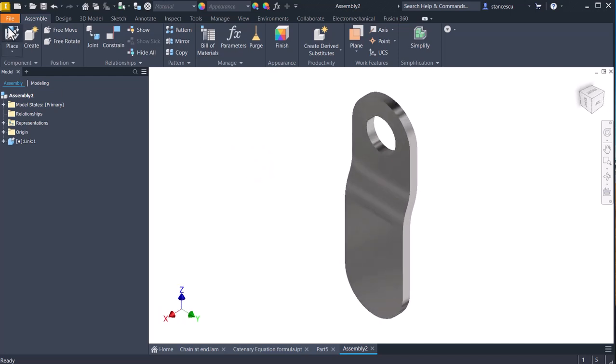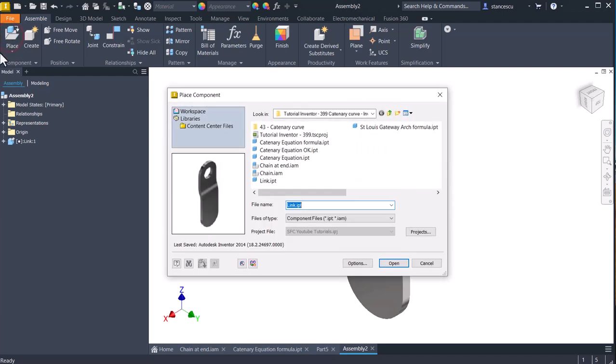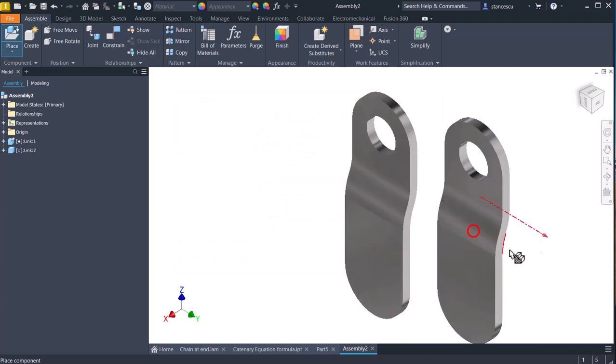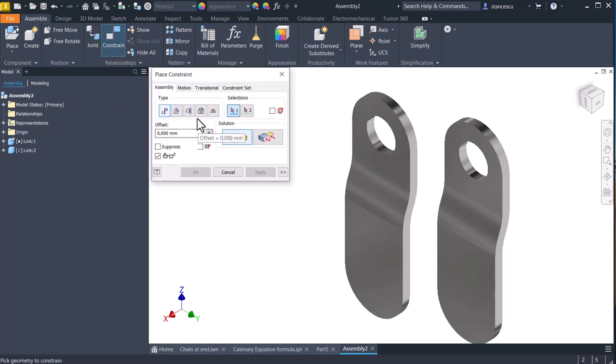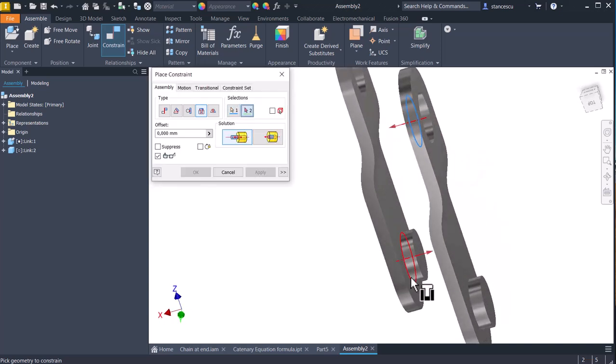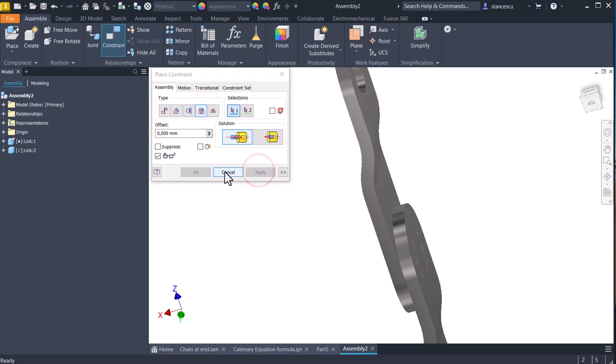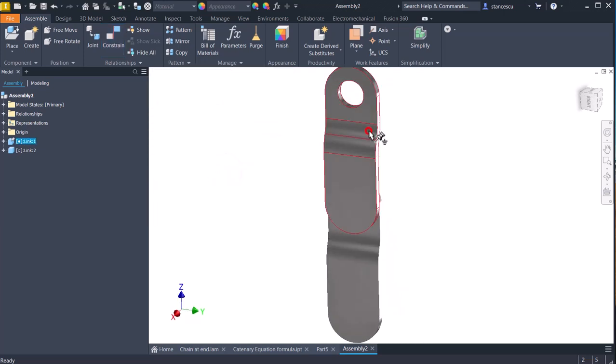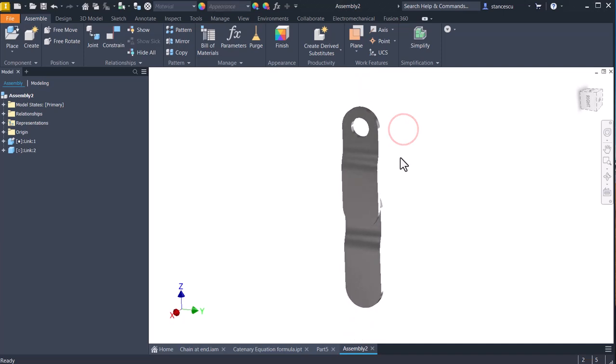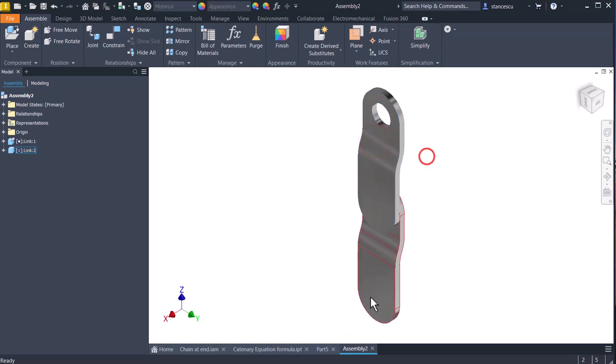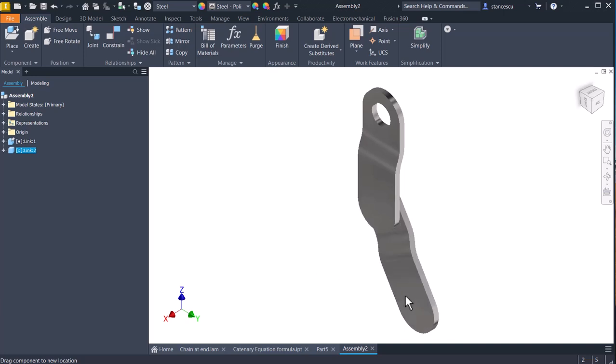Let's place the next one. Place, link, open. Constrain, insert. This goes here. Apply. This is grounded, you see, but this is mobile. I don't like to have this grounded.